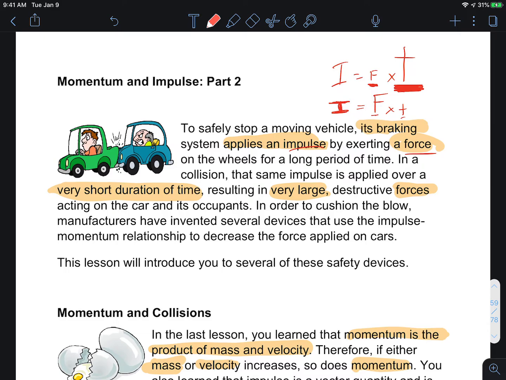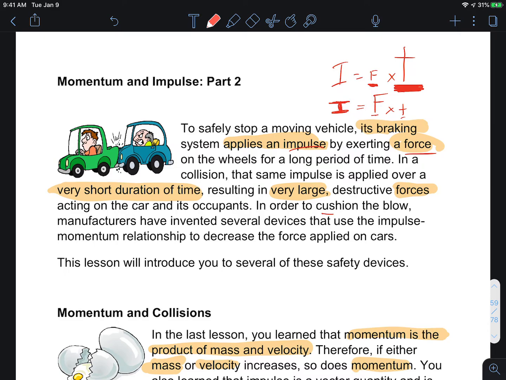In a comfortable braking scenario, the time is long. So the force applied to the car and to the occupants inside is different. They're inversely proportional. If the time is short, the force is large. If the time is long, the force is low.